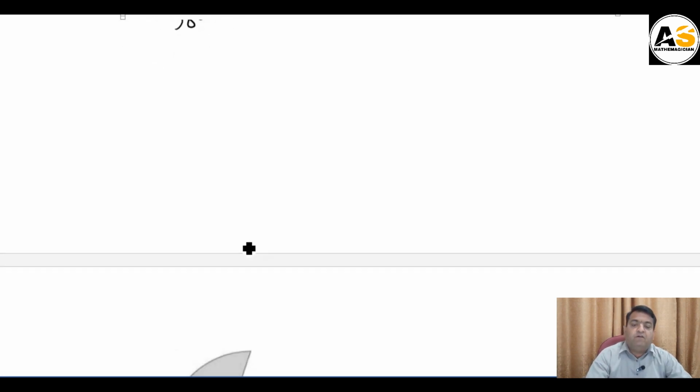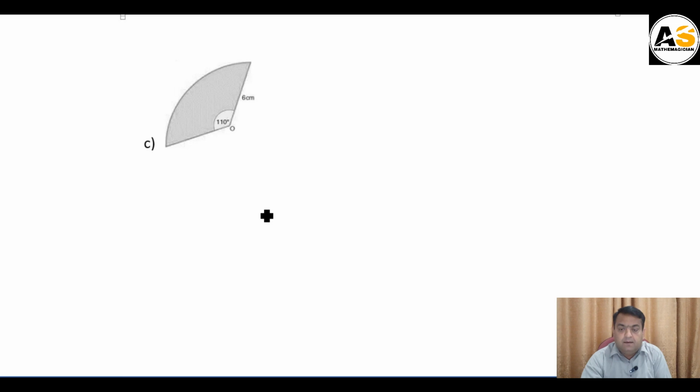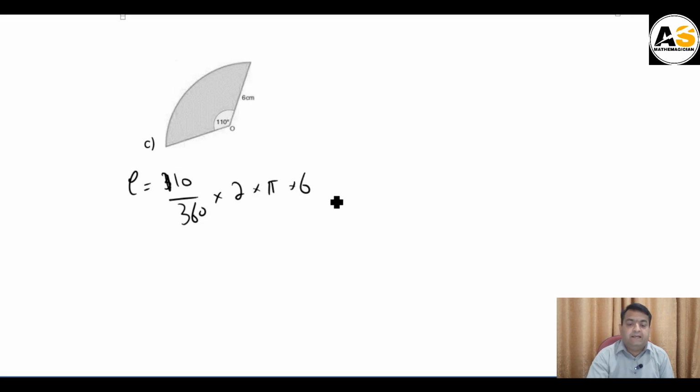Now we move to part 3. Again, arc length will be equal to 110, the central angle, over 360 into 2 into pi into r. R is 6 centimeter. So what will we get? We will get 11.5 centimeter, and area of sector will be 110 over 360 into pi into r square.